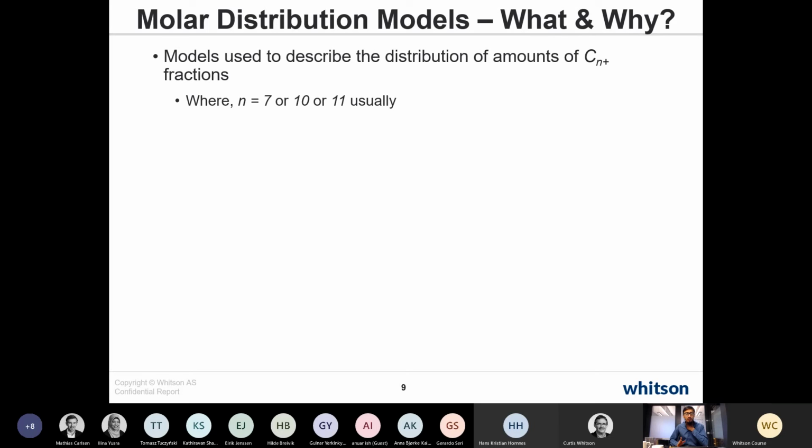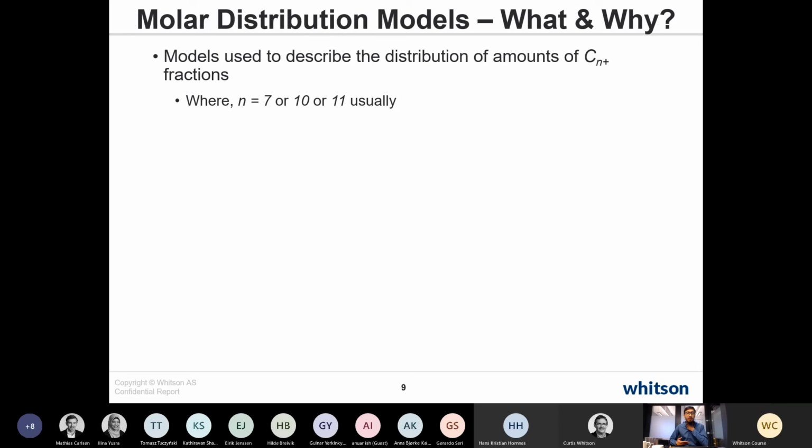First, what do molar distribution models do? They describe the distribution of the amounts of Cn plus fractions, and Cn plus could be C7 plus or C10 plus or C11 plus, depending on what kind of GC data you have. Normally now, in the GC data we have isomers for the lighter fractions.